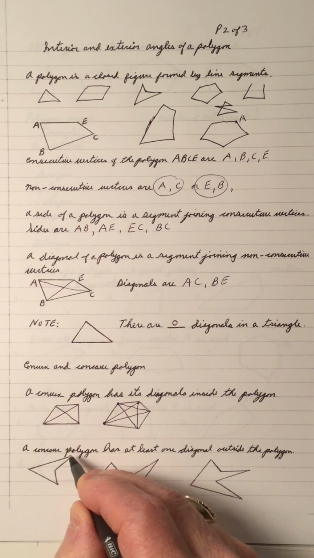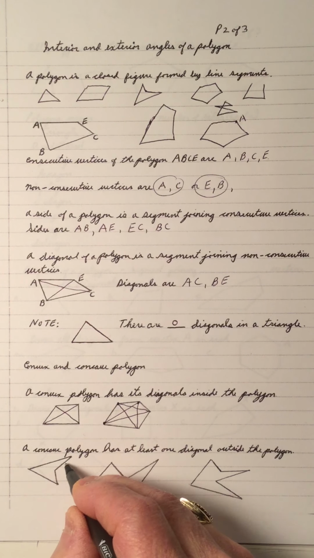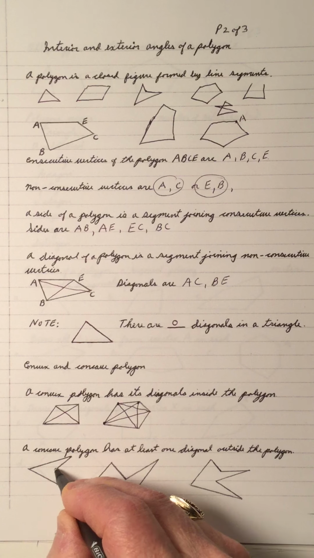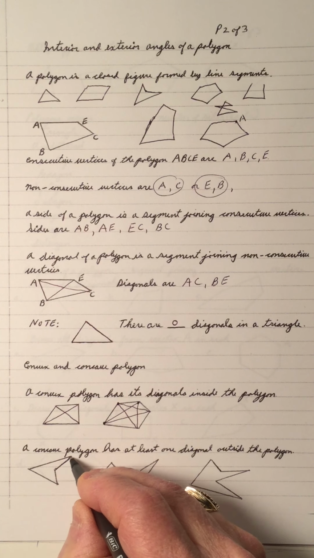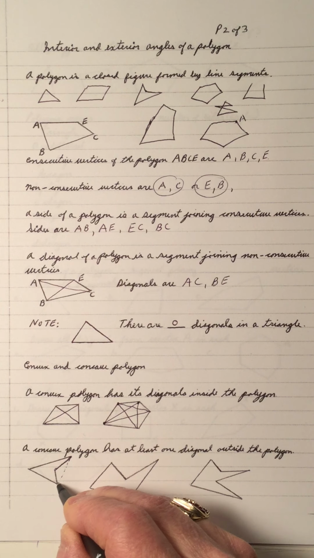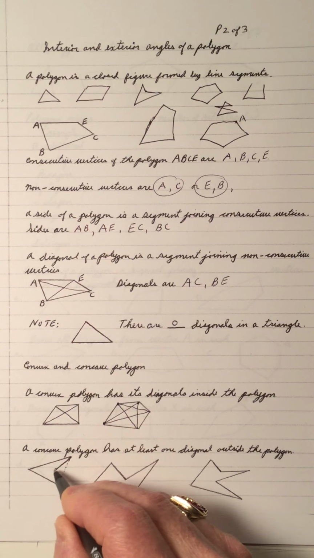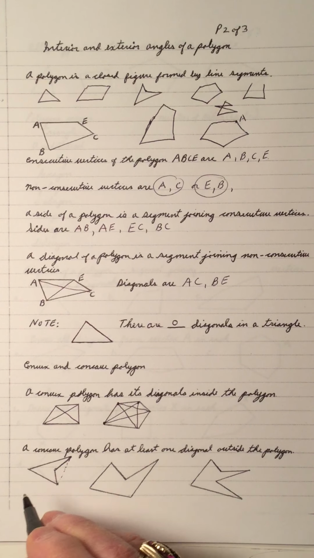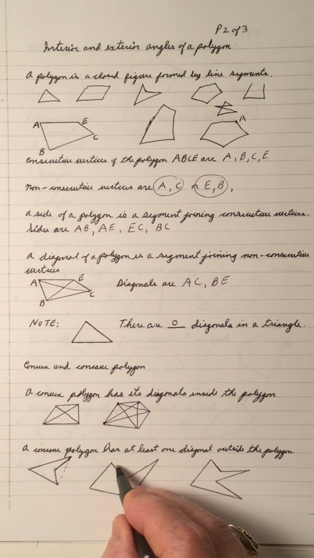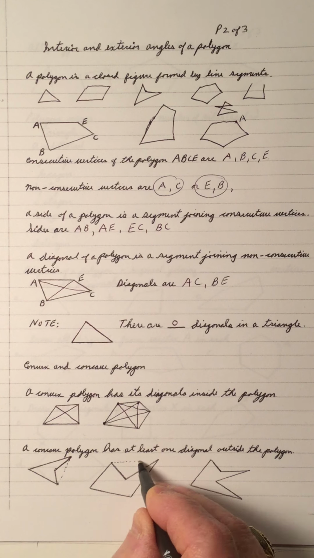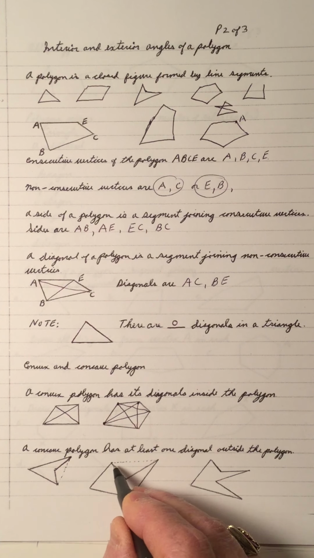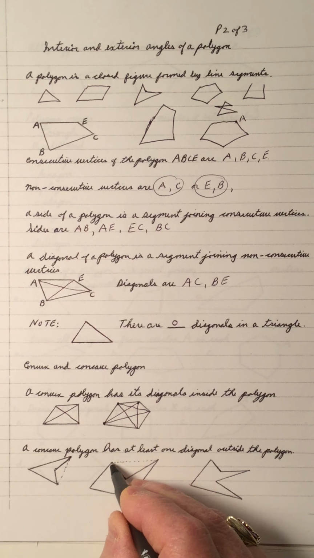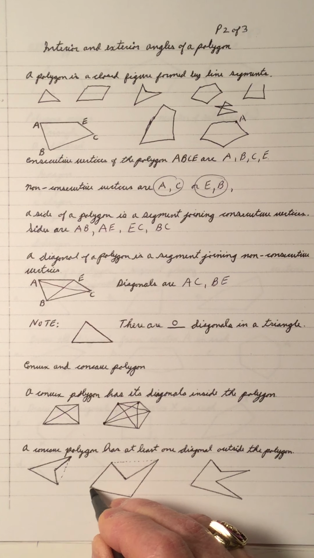A concave polygon has at least one diagonal outside. So if I leave here, that's a side. If I leave here and go to here, that's a side. But if I leave this one and go to this one, that's outside of this four-sided polygon altogether. So that's concave. If I draw this diagonal, that's consecutive.